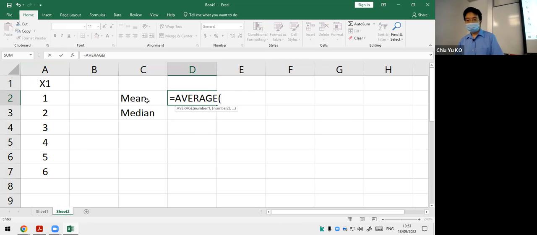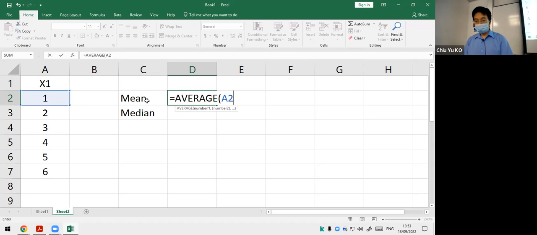You can tell Excel where the data start, because our data start in a column form. So just tell it the first upper cell, which is A2 here, and then tell it the end.